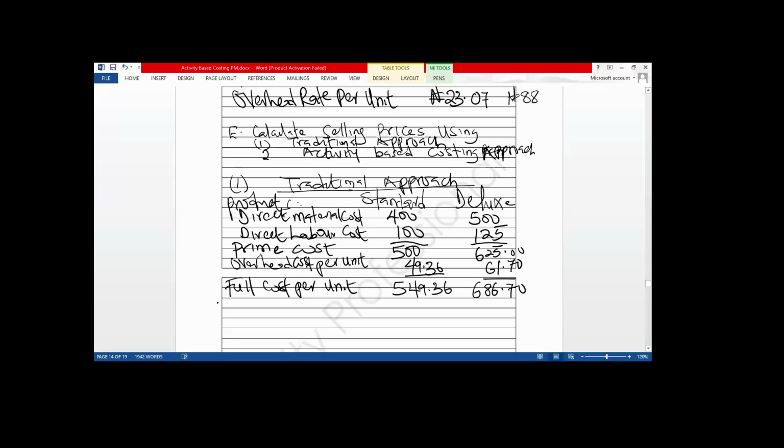The examiner now says the profit margin is 20%. We have to be careful here.